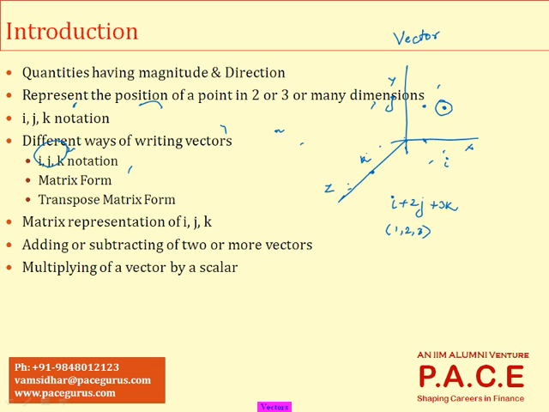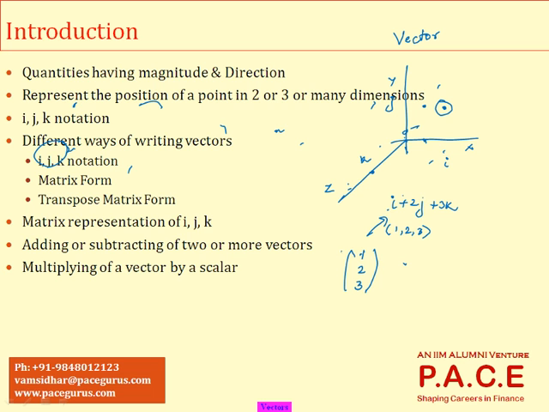The other way you can very well represent this vector is in the matrix form. What the way we can write the vector is as a column vector, something like this, 1, 2, 3. If I write it like this also means i plus 2j plus 3k. This is one more notation.